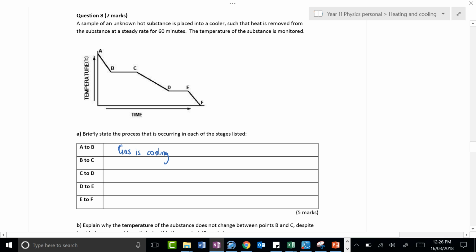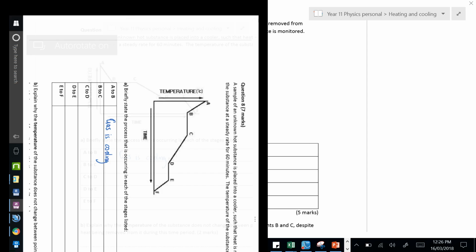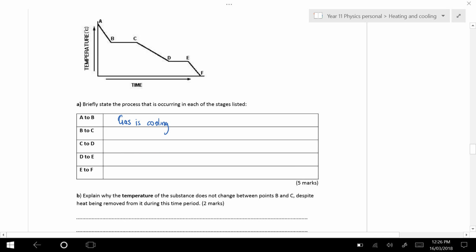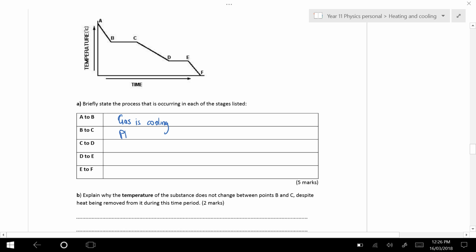Now, from B to C, we've got a phase change. Whenever we have those horizontal lines, we have a phase change. So we're going from a gas to a liquid. That should be enough. From C to D, it's now a liquid and it's cooling.